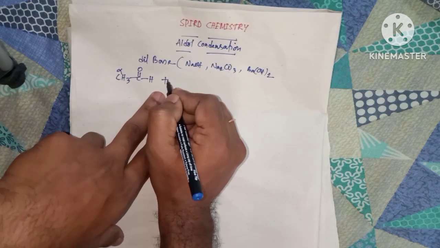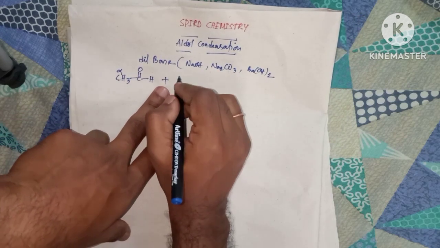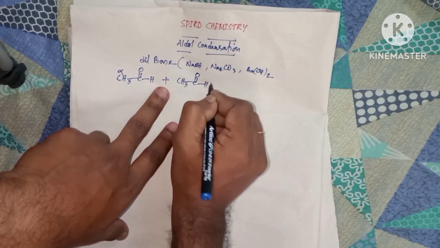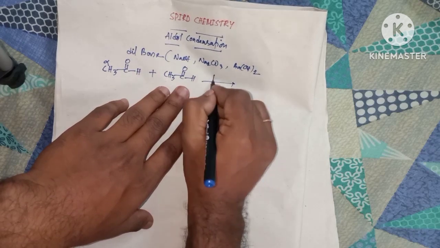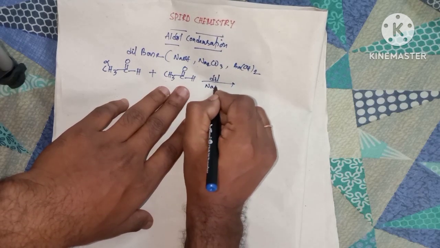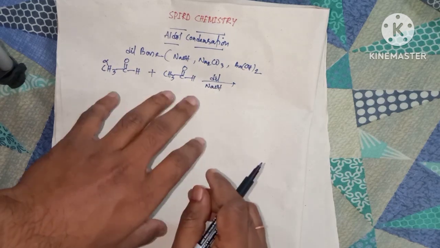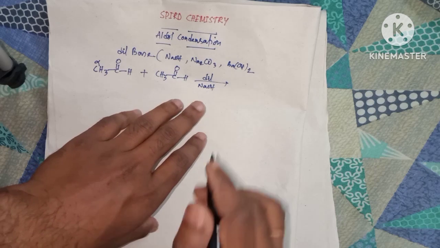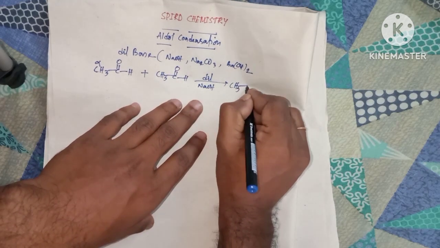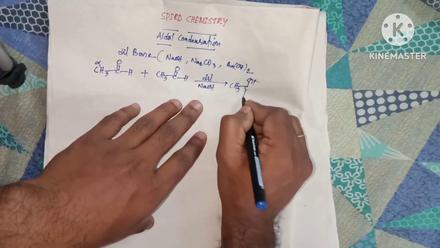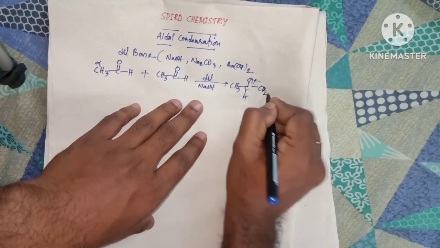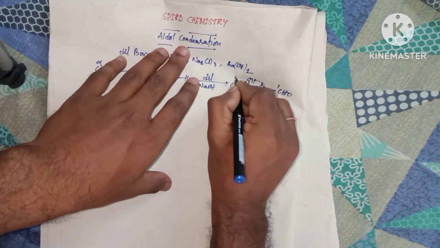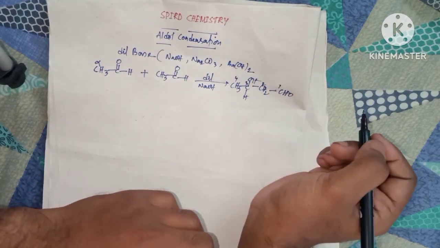Suppose another alpha-hydrogen-containing aldehyde is CH3CHO, and dilute NaOH. If we take dilute NaOH, there is a reaction called the aldol condensation reaction and it forms a product, which is CH3CH(OH)CH2CHO.